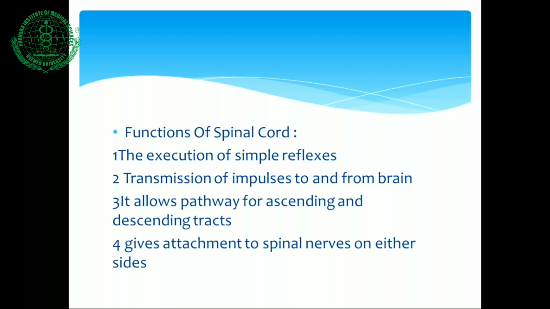Then it allows the execution of simple reflexes, then the transmission of impulses to and from the brain. The spinal cord allows the passage for different descending and ascending tracts of the body. These are the different functions of spinal cord.